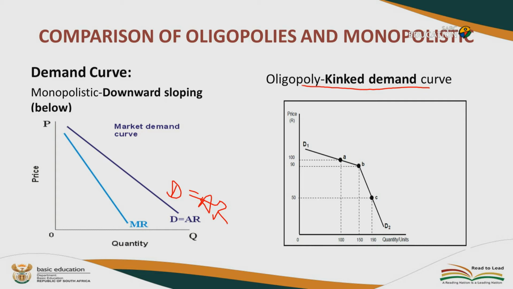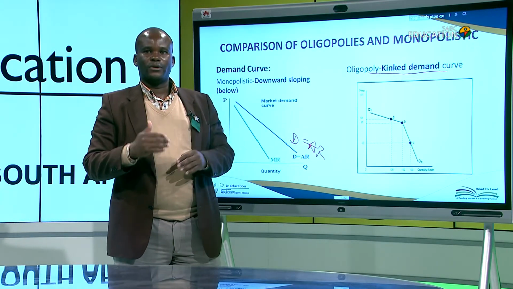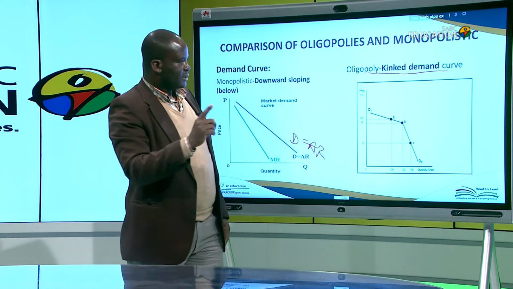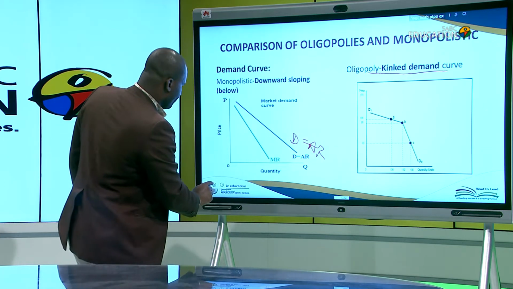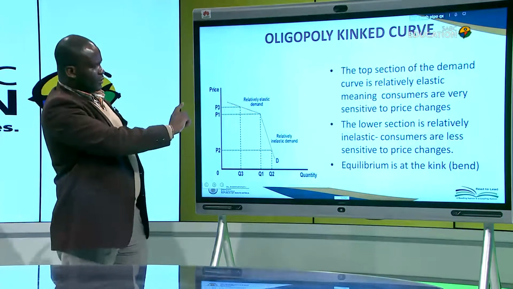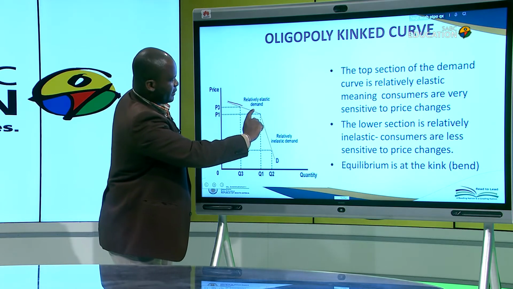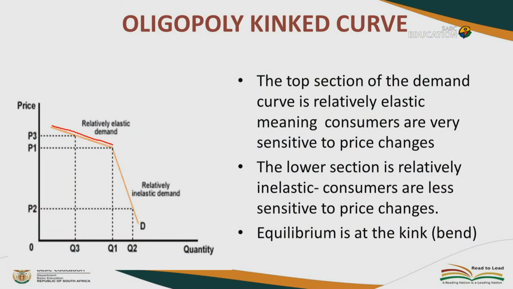So the main feature or the type of demand curve in an oligopoly market is called a kinked demand curve. A kinked demand curve is a demand curve that has two sections. You realize that the first part of the demand curve is relatively elastic.